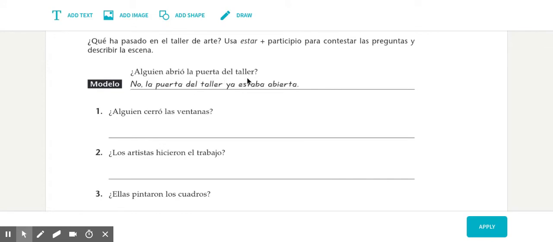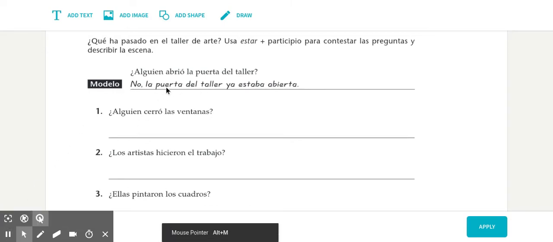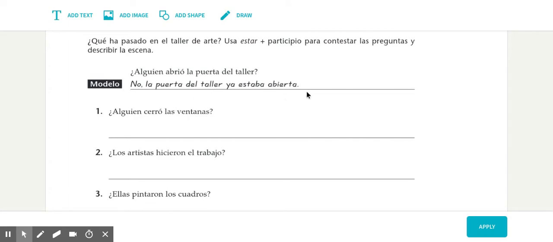Did somebody open the workshop door? No, la puerta del taller ya estaba abierta. No, the door was already open. Okay, so you have estaba with la puerta, the door was, and then abierta to match the feminine door. La puerta estaba abierta.